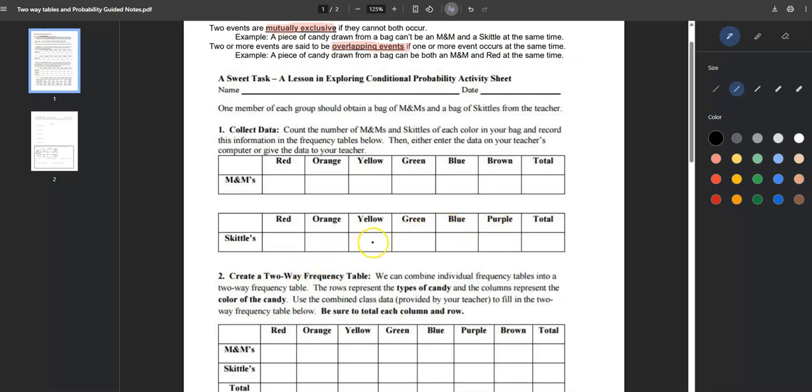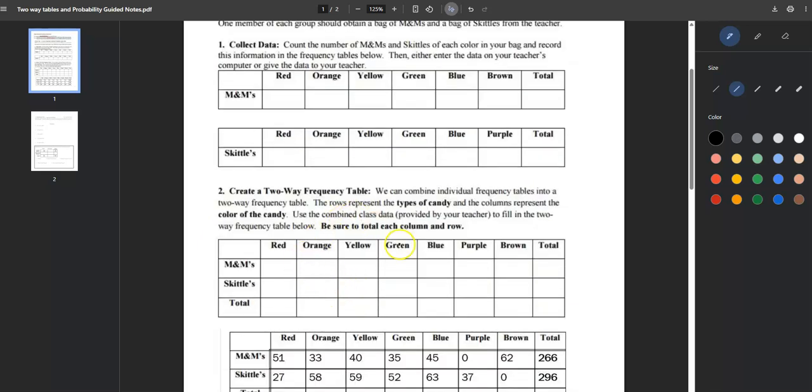When I go to create an actual two-way table, though, I'm going to combine the two things that I'm interested in, or however many there are. So in this case, I have M&Ms and I have Skittles.